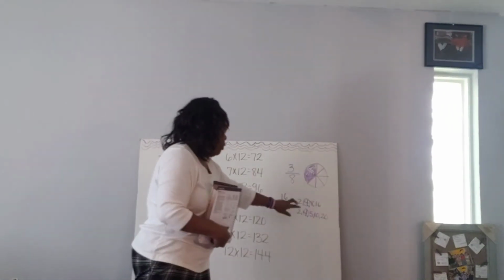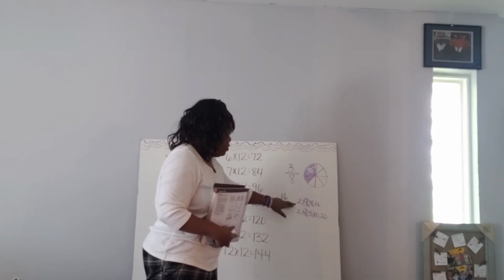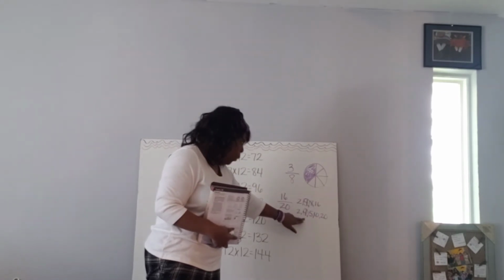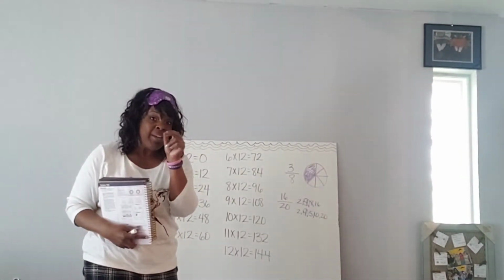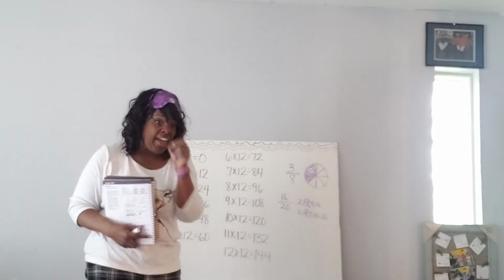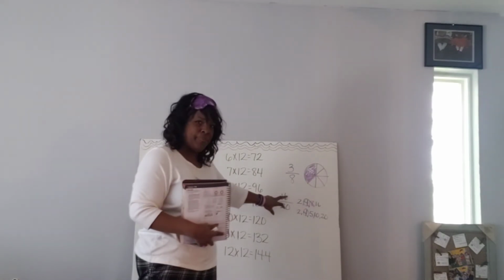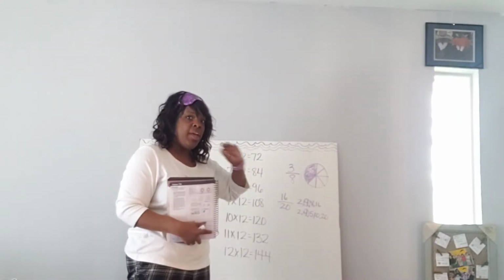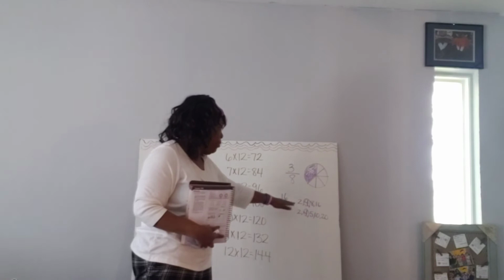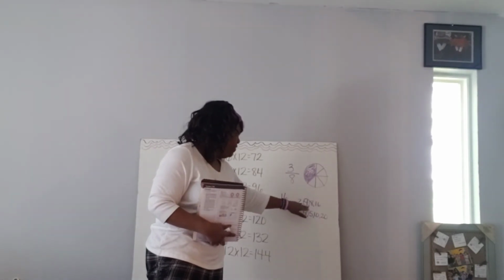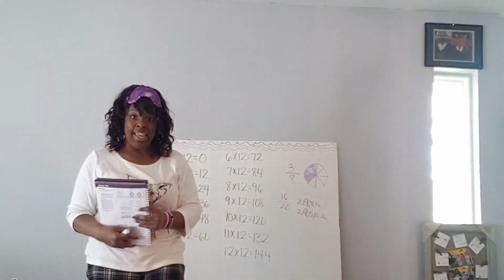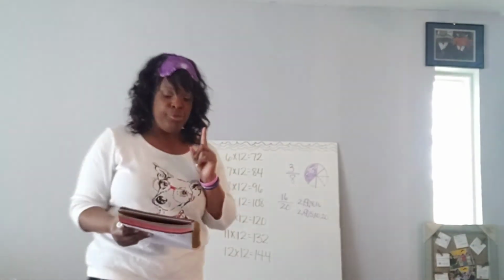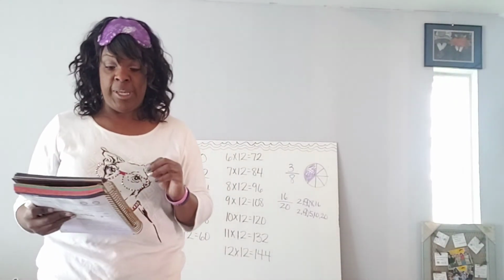So divide both by 4 because 2, 4, 8, and 16, 2, 4, 5, 10, 20. 4 is the common factor that I can divide both by. Okay, does that make sense? So think that through carefully, and that's what they were asking, and that's why they had you write them going from smallest to largest and then circle the one that's the same in both. So think that through carefully when you are doing your reducing.